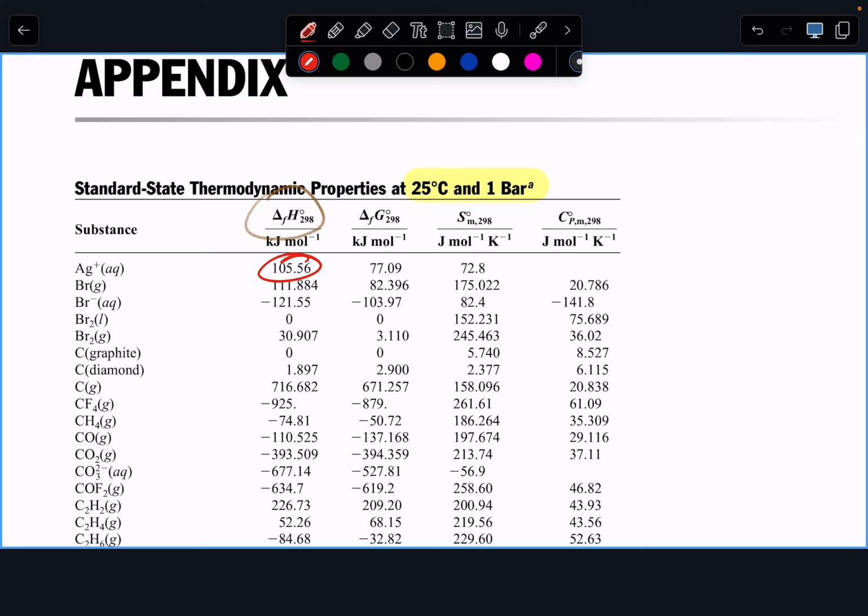So we'll talk about how physical chemists actually measure this number by setting up certain experiments. And then we'll talk about the temperature dependence of the heat of reaction in a certain chemical reaction. So that's our goal for today.